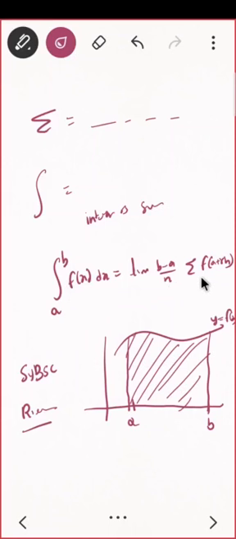So here, just to motivate you, integration and summation do the same thing.